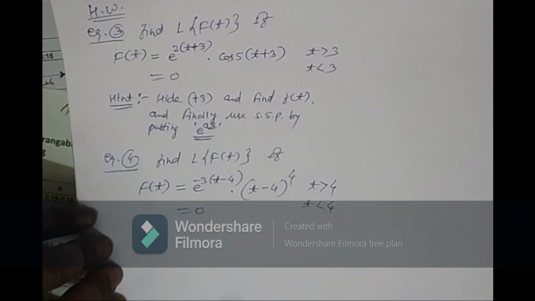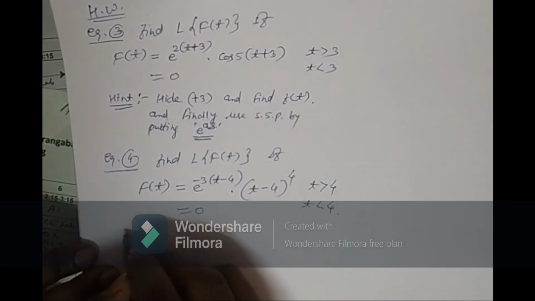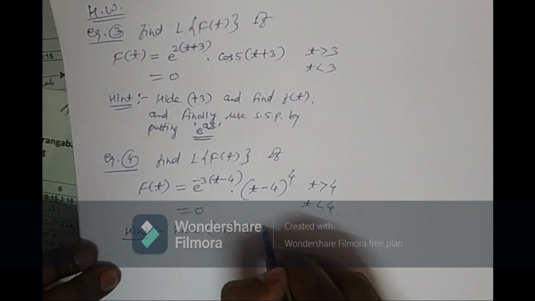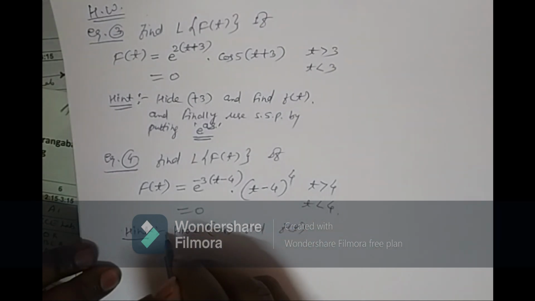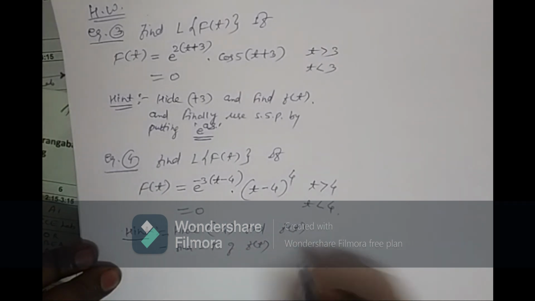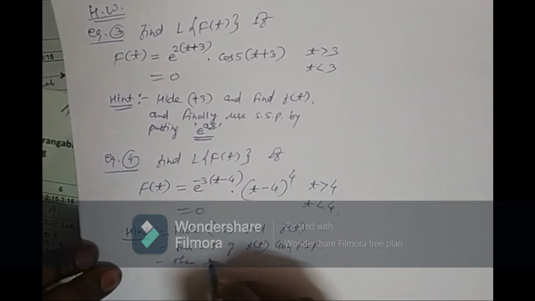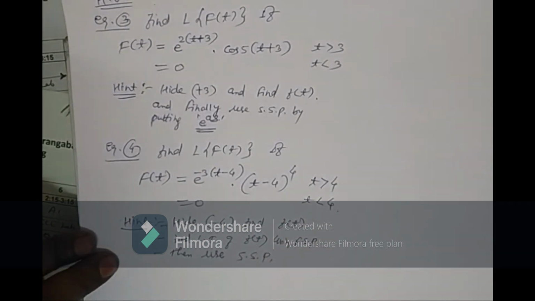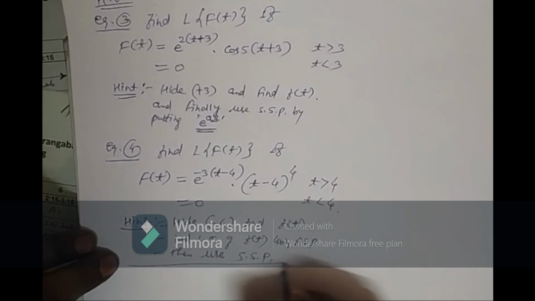So the hint: what we have to do here, hide minus 4, find f of t, after that find Laplace transform of f of t using first shifting property, then use second shifting property.